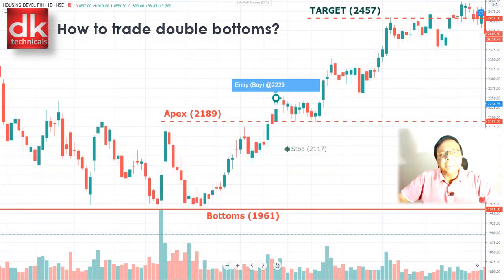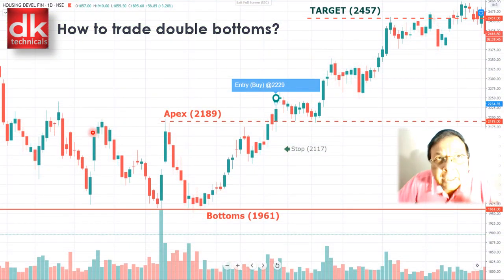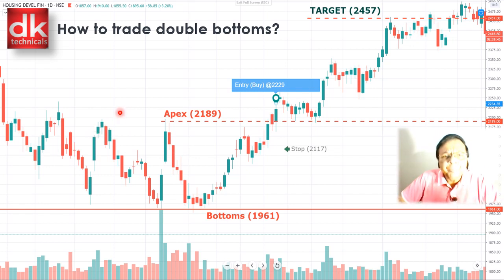So friend, this is the price chart of SDFC in daily time frame, and here it was in a downtrending move and you can see it has made one bottom here. Then there was a good pullback.